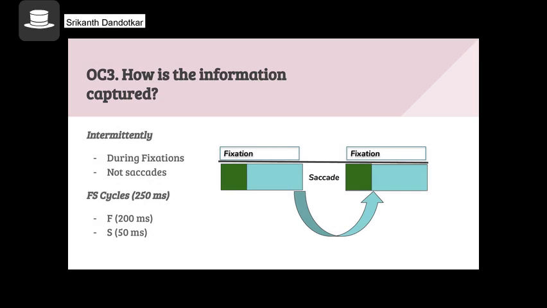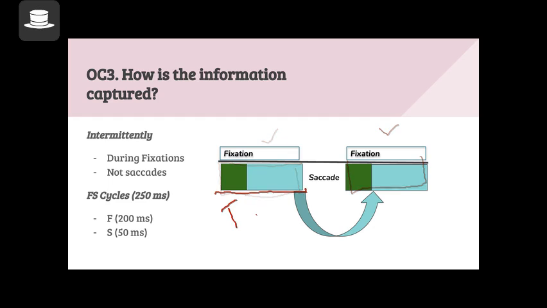Okay, so I've tried to create this visual representation of, say, one fixation, one saccade, followed by a fixation cycle. A box here represents a fixation, a box here represents a fixation, right? And the length of this bar or box represents the time.